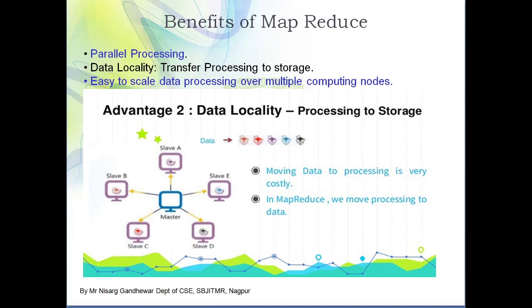So data locality means what? Instead of bringing the data from multiple nodes to the master node, we keep the data as it is at the different nodes, but we transfer the processing to these slave nodes, or these multiple nodes.